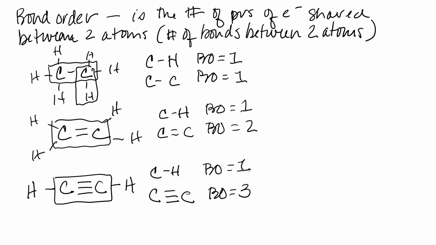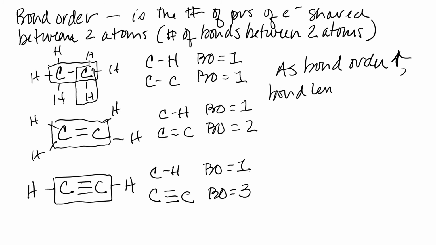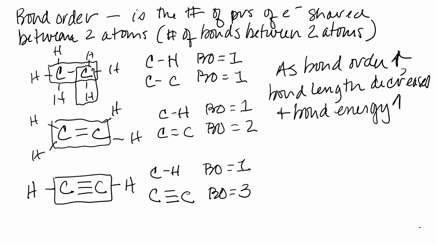And why do we care about bond order? It tells us something about the strength of that bond. So as bond order increases, bond length decreases, and bond energy increases.